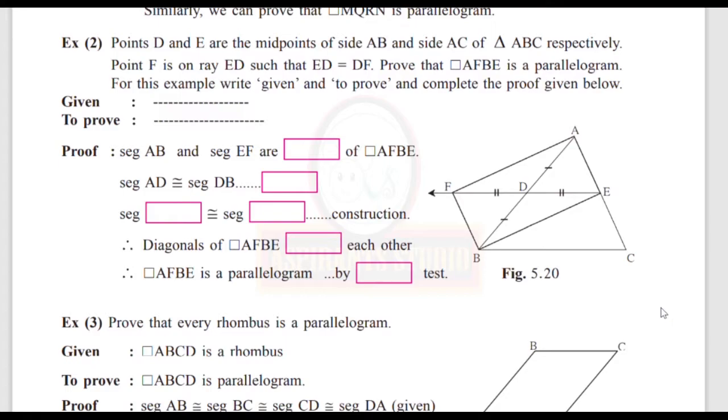So for given you can write, look at the figure. In triangle ABC, D and E are the midpoints of side AB and side AC respectively, and ED is equal to DF. It is given as the first two lines in this problem, so copy that for given.